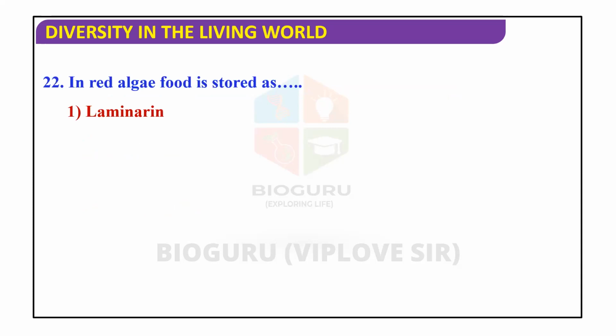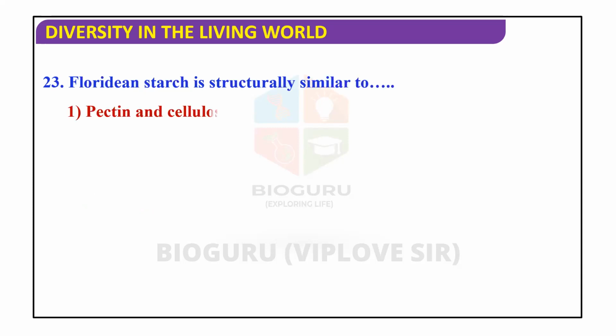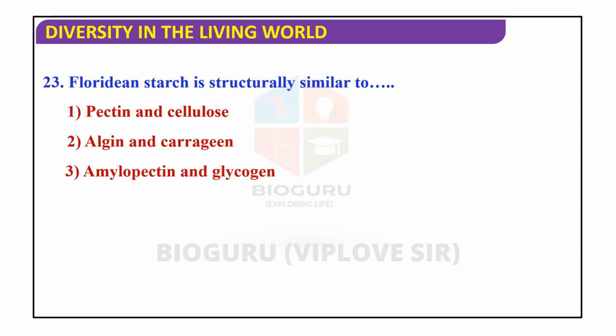In red algae, food is stored as laminarin, mannitol, floridean starch, or carrageen. Yes, it is floridean starch. That's good. Floridean starch is structurally similar to pectin and cellulose, algin and carrageen, amylopectin and glycogen, or glucose and sucrose.